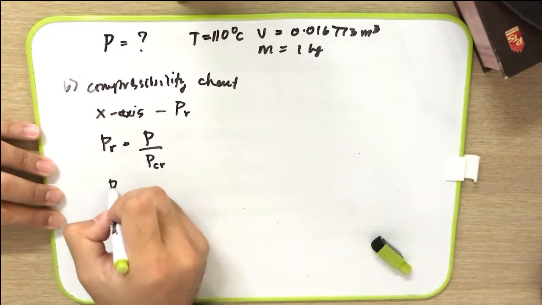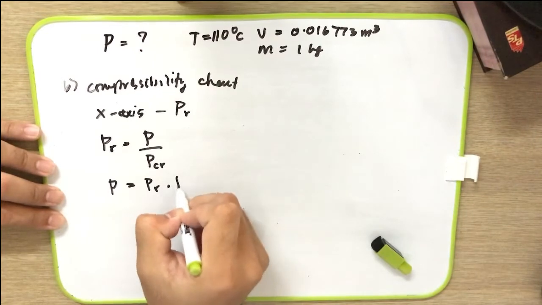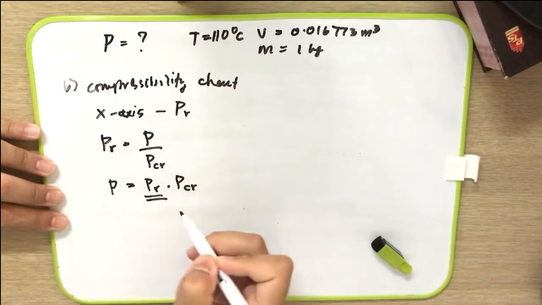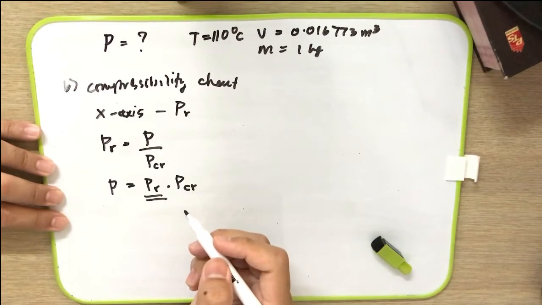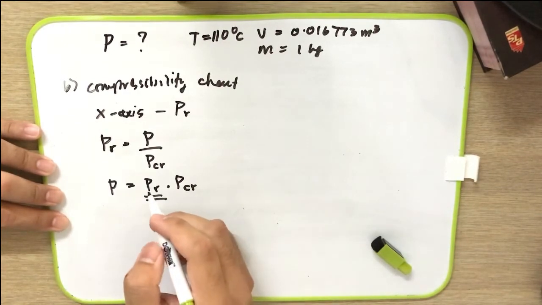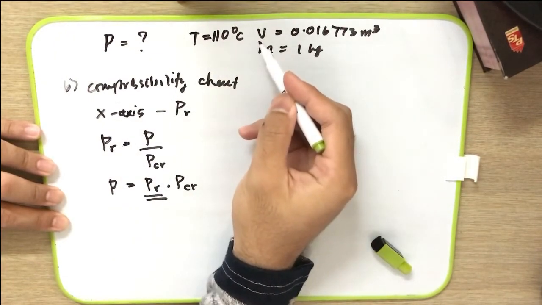When we rearrange, P is equal to PR multiplied with P critical. First, we need to find PR from the compressibility chart. From the compressibility chart, we should have at least 2 info. It is either T, V or P, and because we want to find P, we can use the info T and also V here.